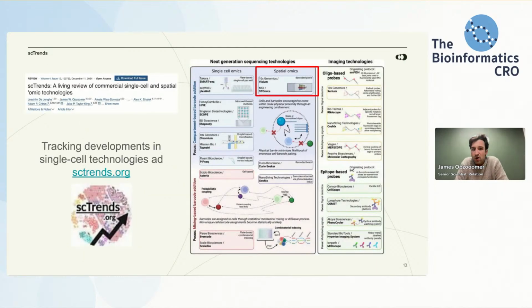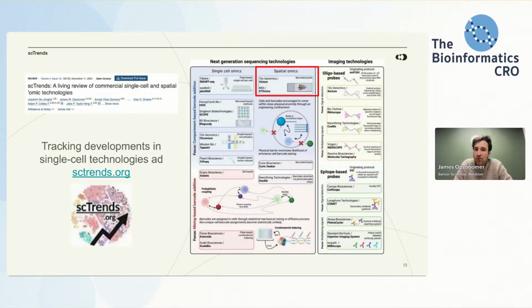So a lot of this work is enabled by the advancements in the resolution of spatial genomics technologies, which is really rapidly changing. And we recently published a review in Cell Genomics tracking these technology trends called SC trends.